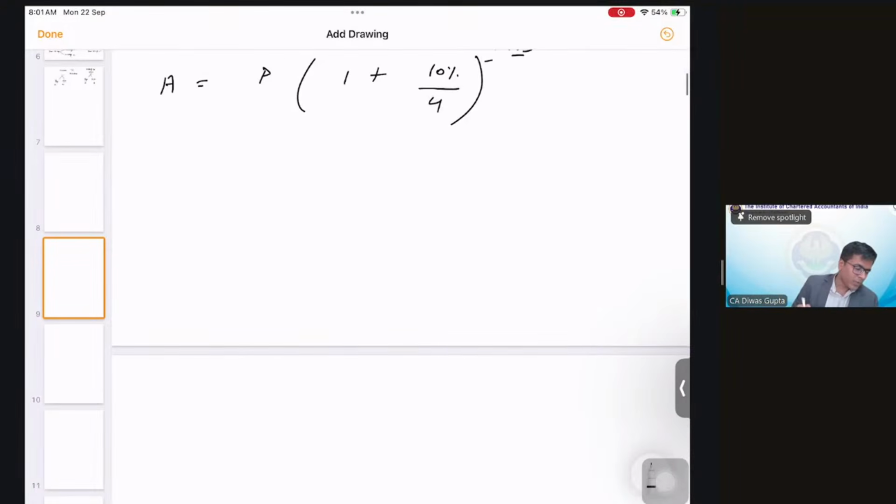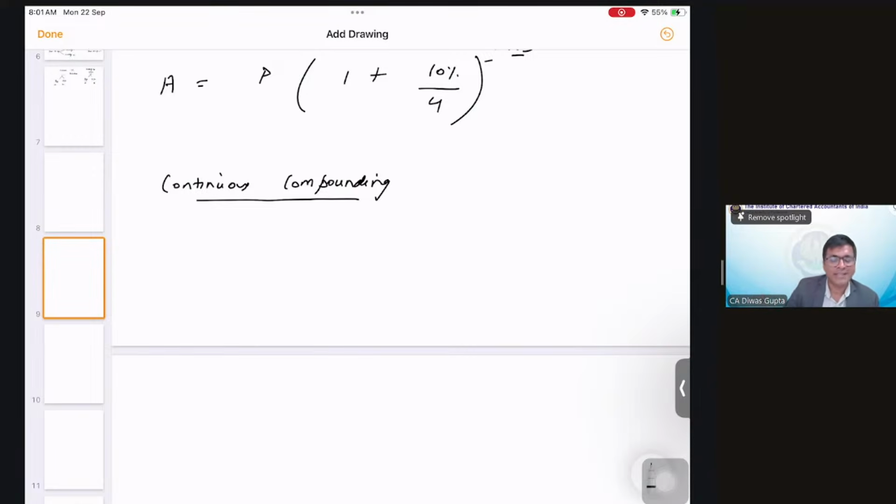Okay, now let's come to the formula of continuous compounding. There are two ways you can compound. One way to compound is in specific intervals: every quarter, every month, every week, every day.